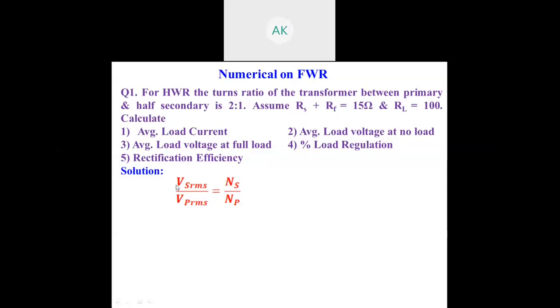Therefore this expression can be written: the secondary RMS voltage is NS divided by NP into the primary RMS voltage. If we solve this, we have the primary RMS voltage.